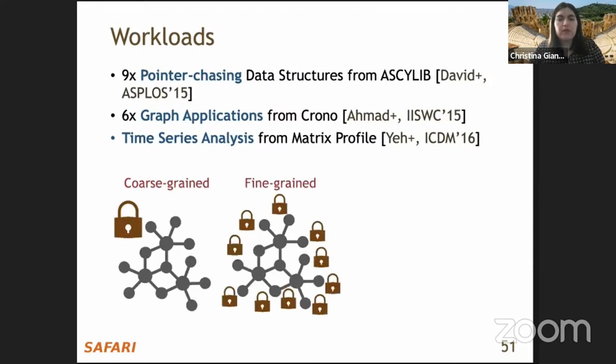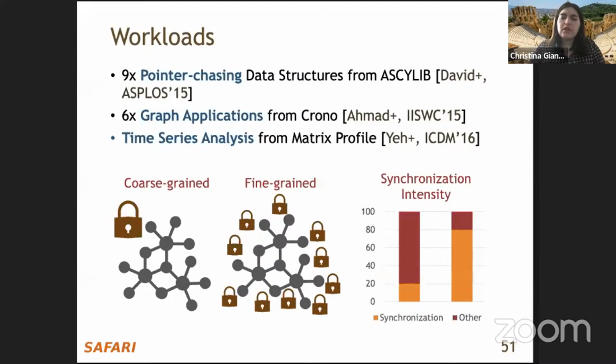In our evaluation, we use both coarse-grained synchronization approaches and fine-grained synchronization approaches. In the former case, in the coarse-grained scenario, we have one synchronization variable to protect a large amount of shared data. In a fine-grained scenario, which is basically used in order to increase parallelism inside the workload, we have multiple synchronization variables, and each of those synchronization variables protects a very small amount of shared data.